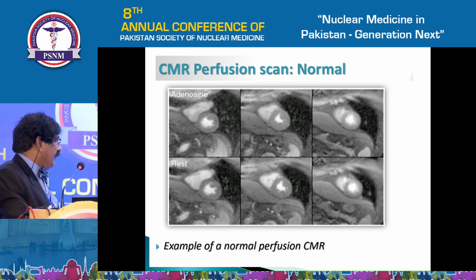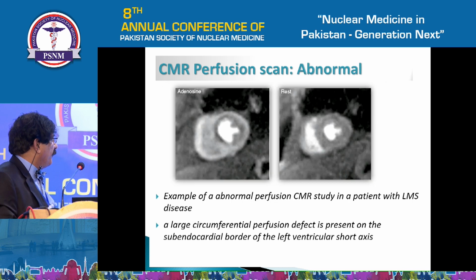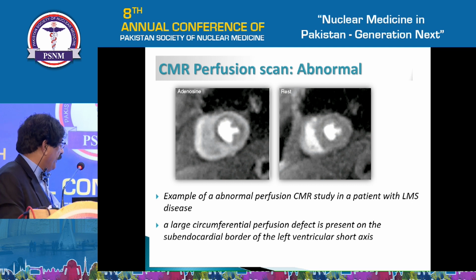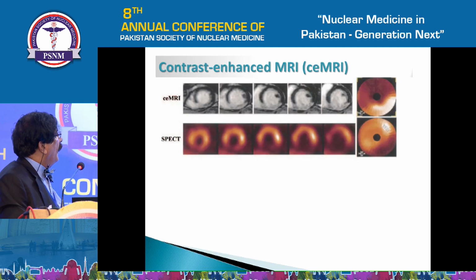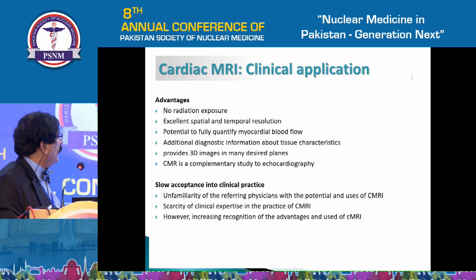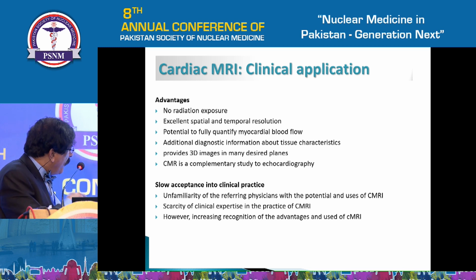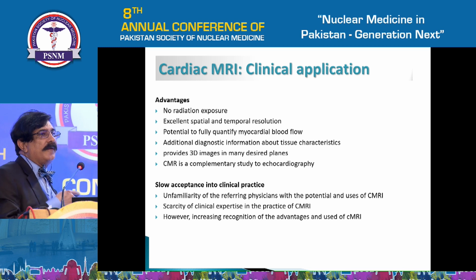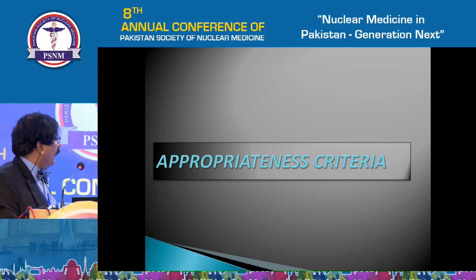Cardiac MRI, this is an example of a normal perfusion CMR and abnormal perfusion study in a patient with left main stem disease. And then this is an example of a contrast MRI, inferior MRI 6 days post contrast enhancement, and an anterior MRI here. So the advantages of cardiac MRI are multiple, but it has been very slowly accepted into clinical practice.